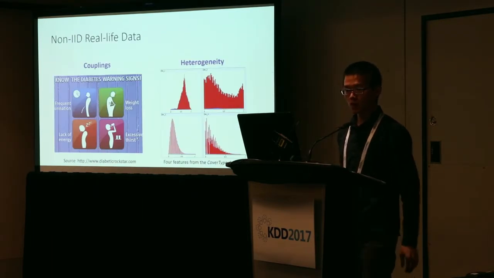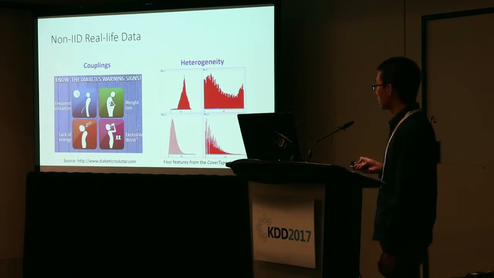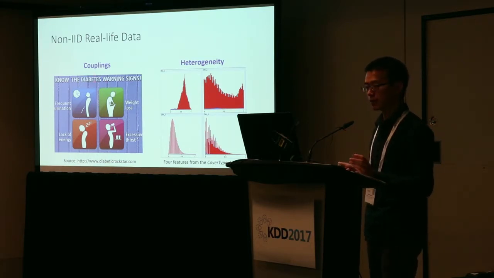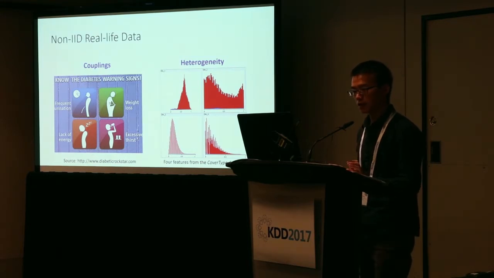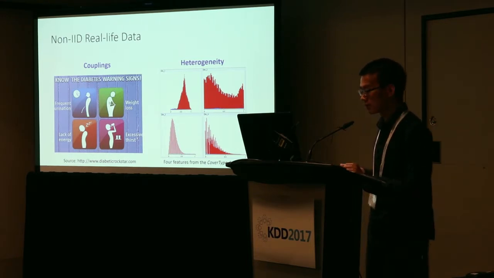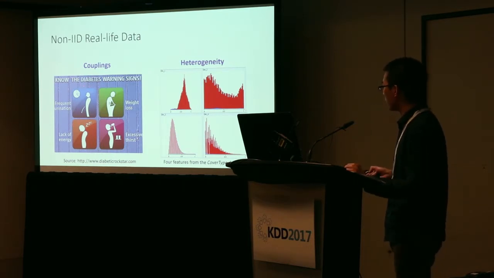I give you some more non-IID examples in our real life data, such as the interdependencies or couplings. So consider the case in diabetes science. According to some official websites, a person who has diabetes type 2 often has at least 3 or 4 or more signs of this.